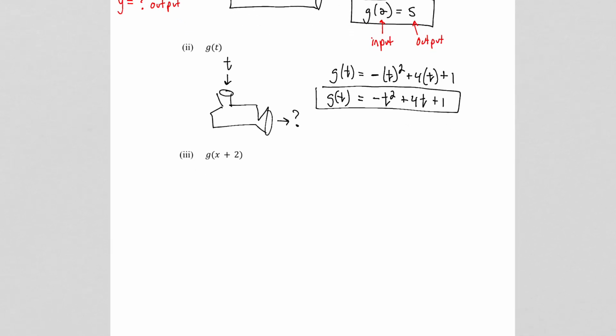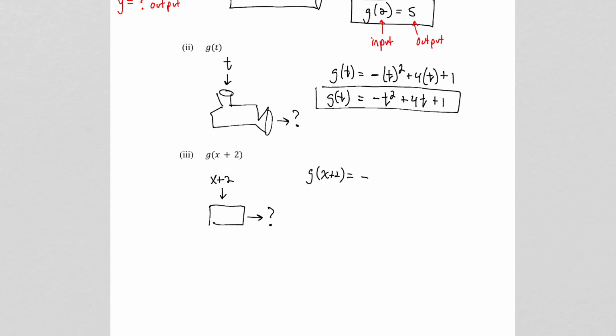And then finally, our last one, g of x plus 2. Now we have x plus 2 going into our machine. My machine's getting sadder and sadder. And now we're looking for what comes spitting out of this machine. So I'm going to write g of x plus 2. And again, everywhere there was an x, oops, I already made a mistake there.